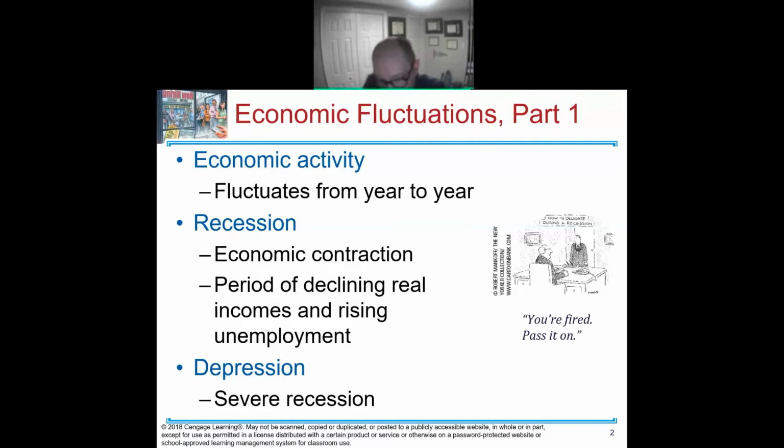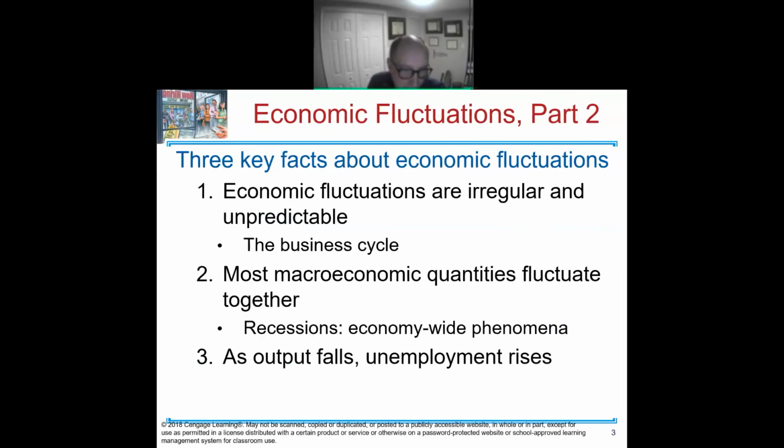It lasted from about March 2020 to about the beginning of 2021, roughly. So not a very long recession. That's what a recession and a depression are. They're economic fluctuations over time. The economy can be somewhat unpredictable because the business cycles are somewhat unpredictable. We sure as heck didn't expect a worldwide phenomenon to cause a recession like it did in 2020.